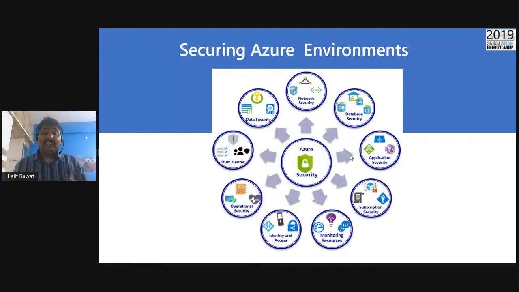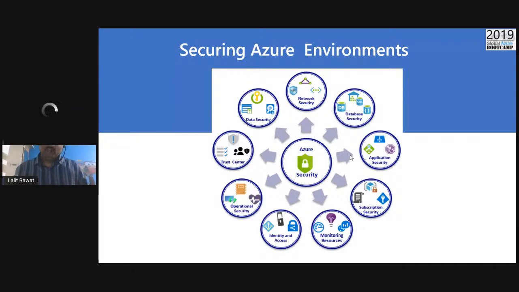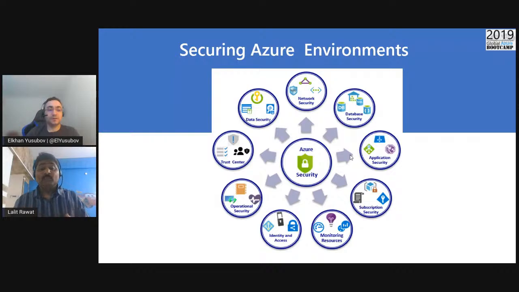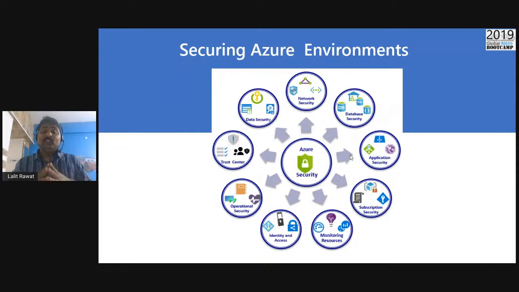Then you can integrate your app services with the VNet, and you can utilize a DMZ kind of setup. Another part is security in terms of subscriptions. How you're going to secure your subscriptions, what policies you're going to implement, what authentication levels you are going to implement, and how you're going to make sure that the resources you created should not be deleted.